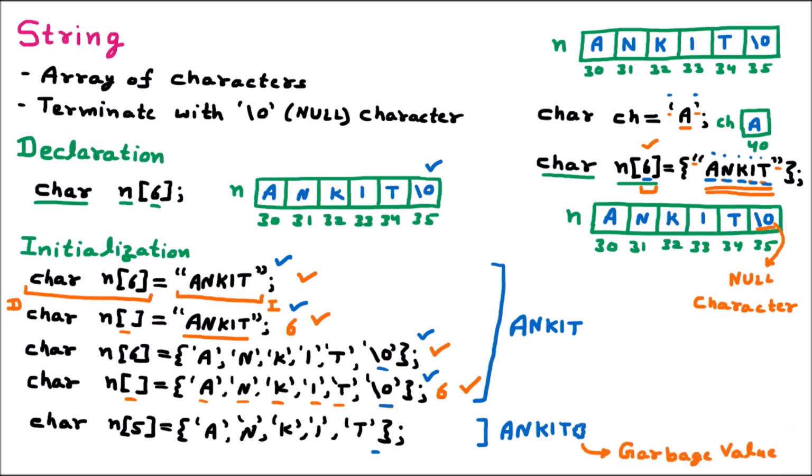So we can say that if you are dealing with character by character and you are not providing the \0 at the end, the output will contain garbage value at the end. So this is not the proper way of initializing the string. Here we have learned the initialization, but this is the compile time initialization.